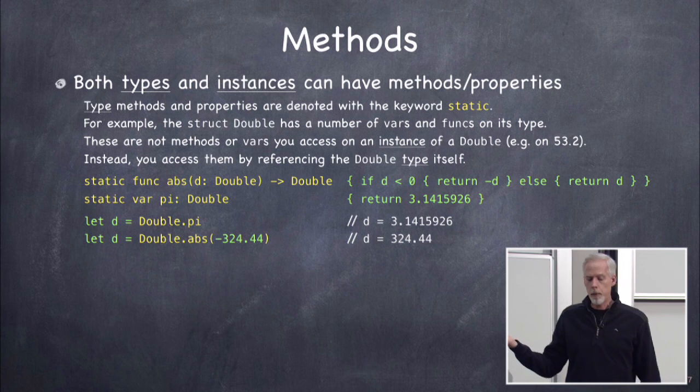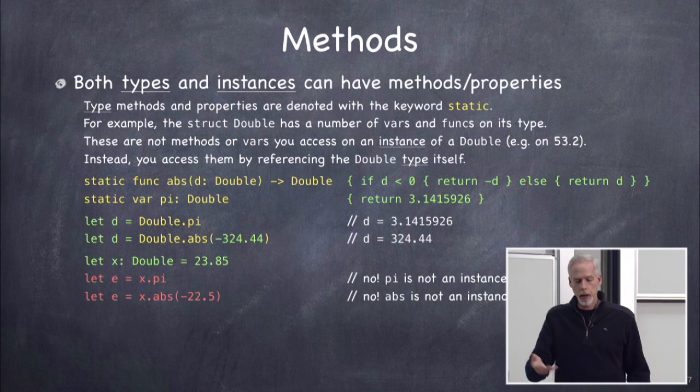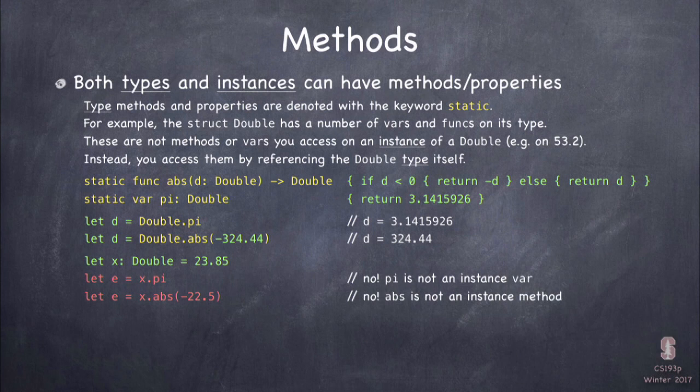But it also has other methods like abs. Abs takes a double value and returns the absolute value of it. That is on the type. You say Double.abs, Double.pi. As opposed to, for example, if I had a double, like I let x equal 23.85, so x is now a double, I can't say x.pi, because x is an instance of a Double. You see the difference between trying to send pi to an instance versus sending pi to the type Double.